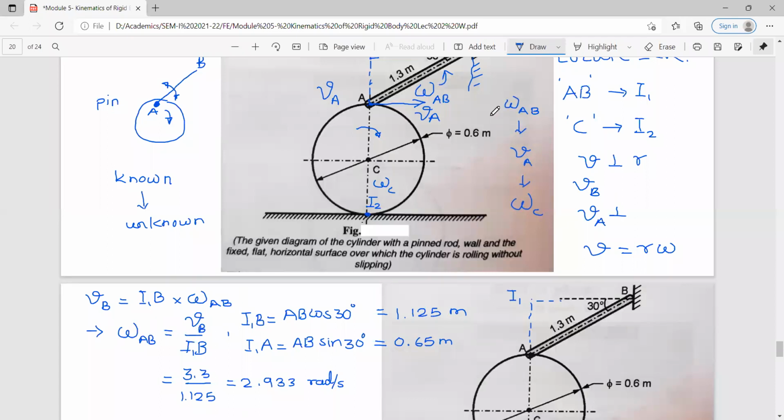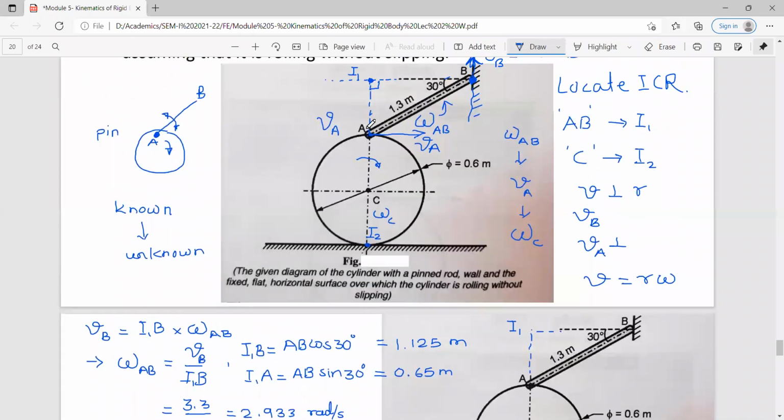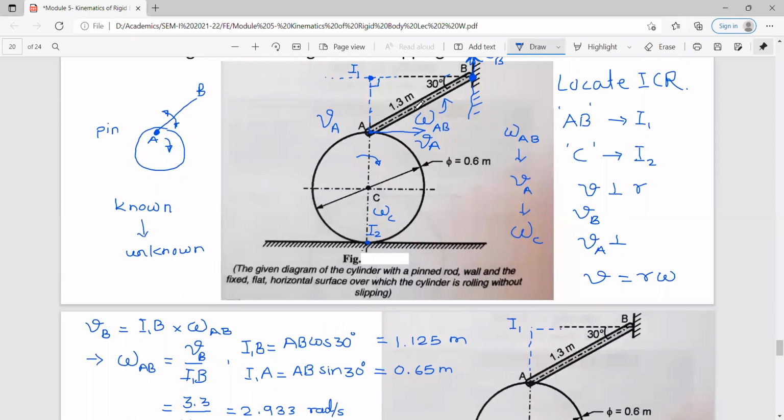Next, after omega AB, what will I find? I will find the velocity of point A. Do you agree that point A is also on rod AB? Yes, sir. Okay. So we will be using the ICR of rod AB.